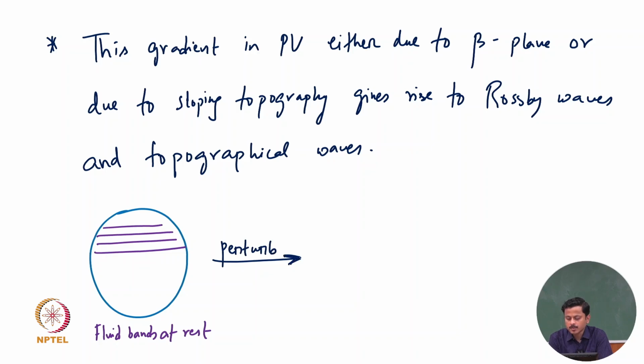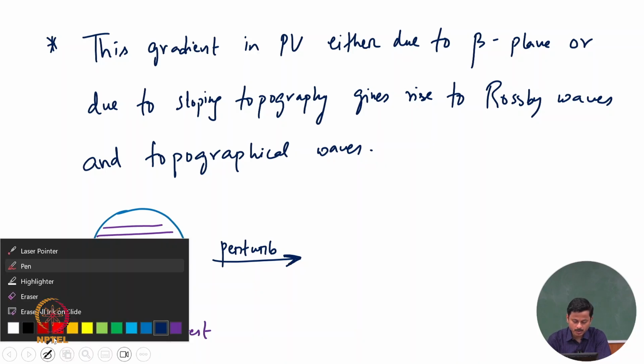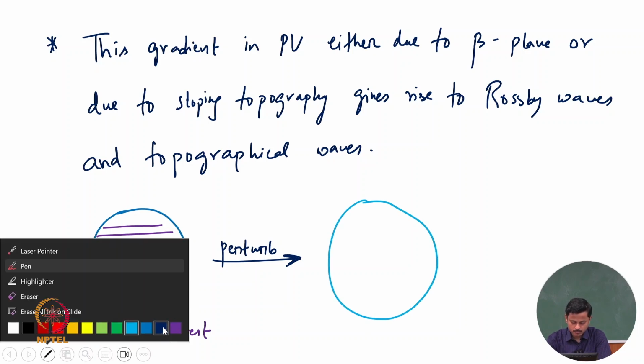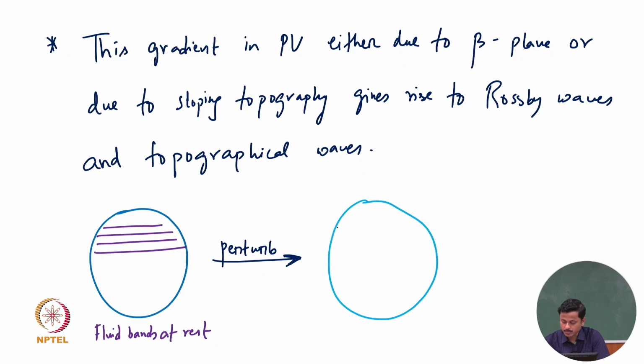Maybe there's an atmospheric disturbance, or an oceanic disturbance, which is perturbing the system. And we'll draw planet Earth again and show the formation of these waves.